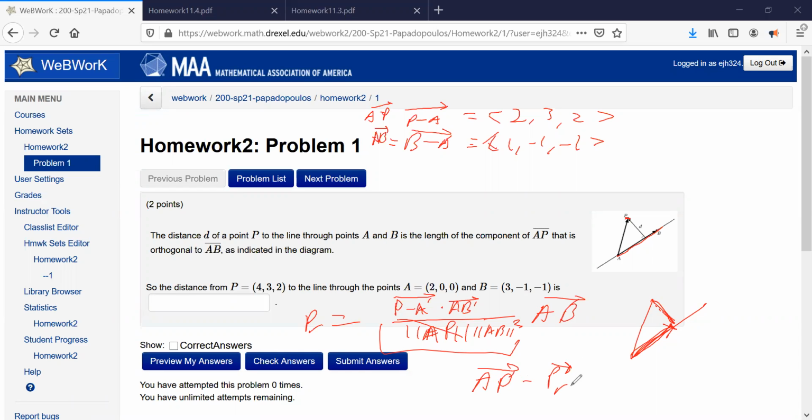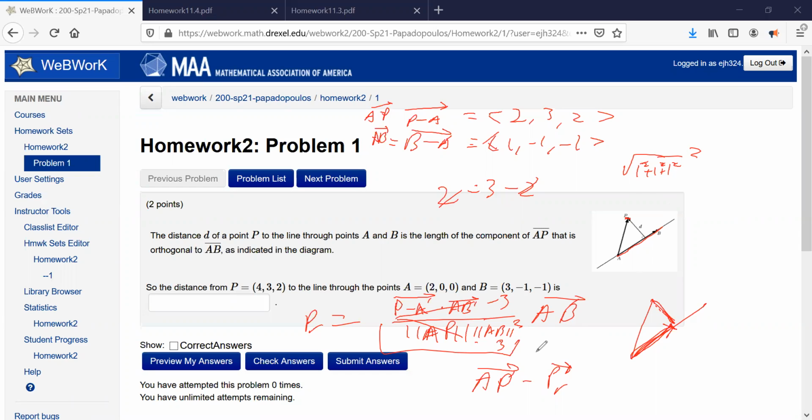So if I were to do this, what is the dot product of these two? That would be 2 minus 3 minus 2. So the dot product up here would be -3. And then the AB squared is actually just 3, right? Because we would have 1 plus 1 plus 1, since 1 squared is 1.